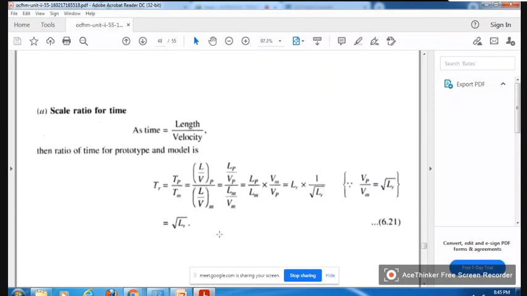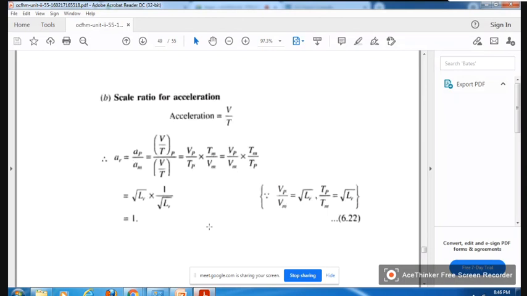Similarly, for time, it is the square root of LR. This is also the time ratio: the scale ratio for time Tr is equal to length by velocity, so the ratio of time for prototype and model simplifies to square root of LR.